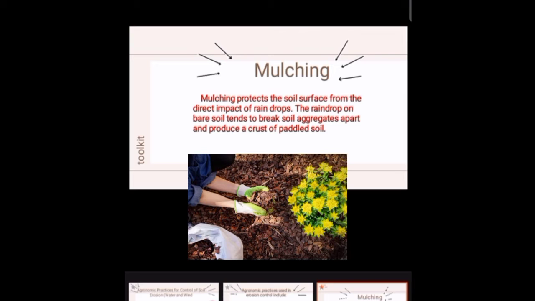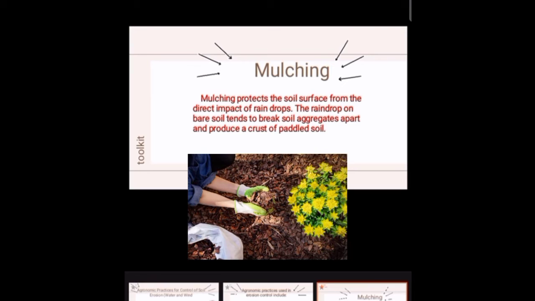The raindrop on bare soil tends to break soil aggregates apart and produce a crust of puddled soil. Such crusts have low permeability that reduces infiltration and increases runoff.